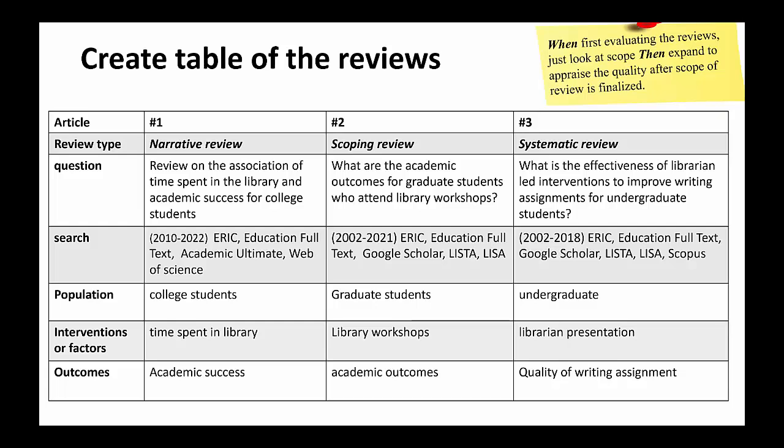Part of that scope could be the framework, the PICO, but it's also where did they search and when did they stop searching? That gives you some indication of, in a way, the population of that review. For me, I ask them to show me that when we meet again, and then we figure out where what they're trying to do fits in.